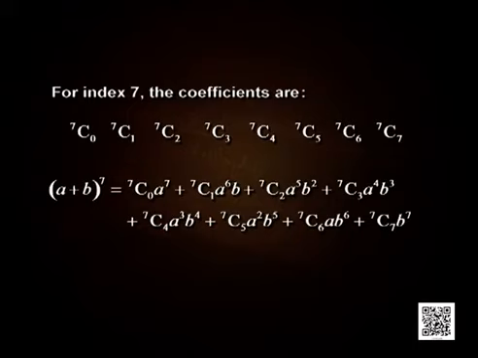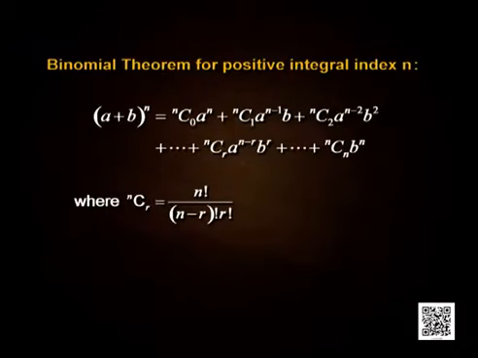And therefore, I ended up with that expansion of (a + b)^7, which has now 8 terms, and each term is simply written by following the pattern. This is now an expansion of the binomial (a + b) raised to the power 7, and with that we have our general result, which is known as the binomial theorem for positive integral index n.